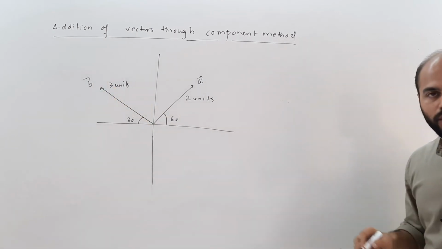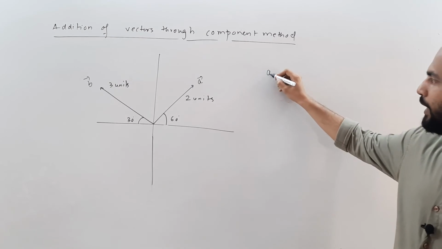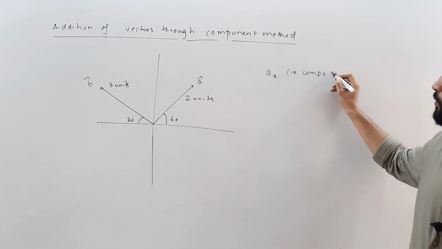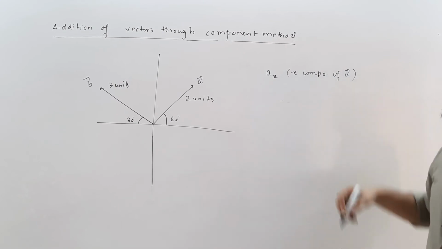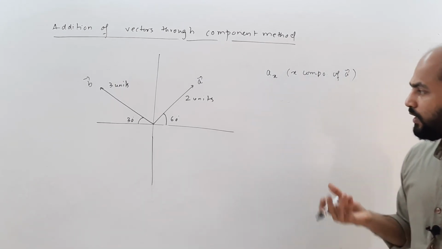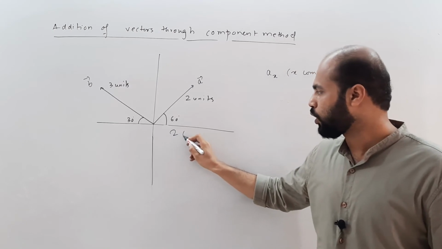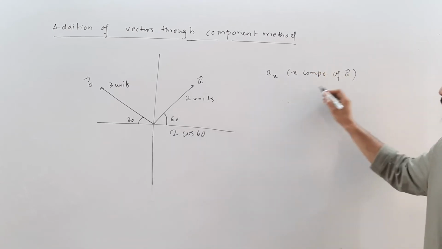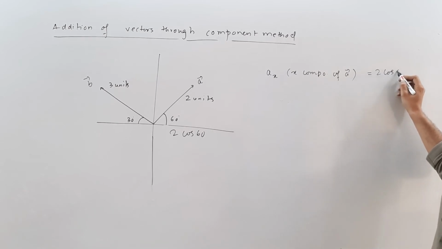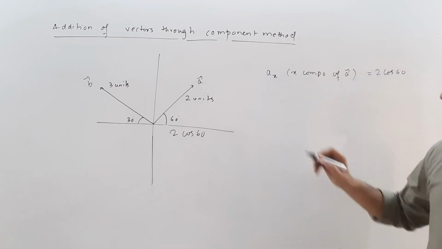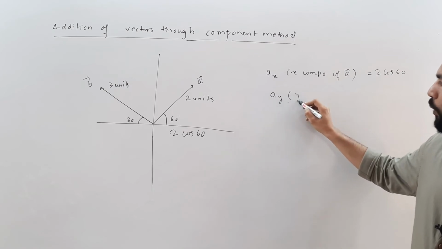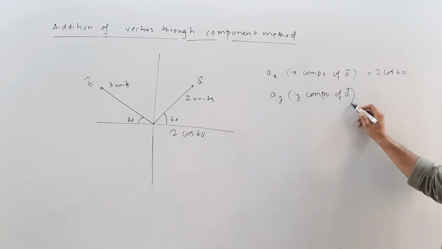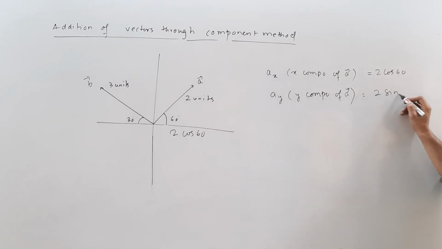Now the x component of a bar, I'll write it as ax. If I want to find ax, it is going to be nothing but 2 cos 60 as we have learnt. And ay, that is the y component of a bar, is going to be 2 sin 60.